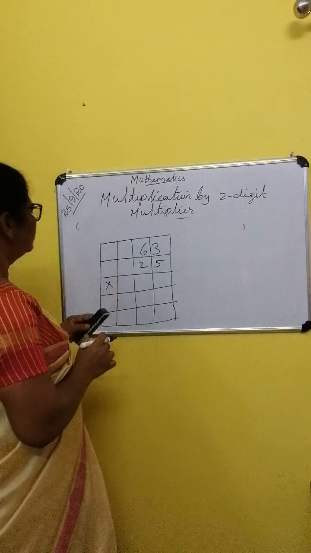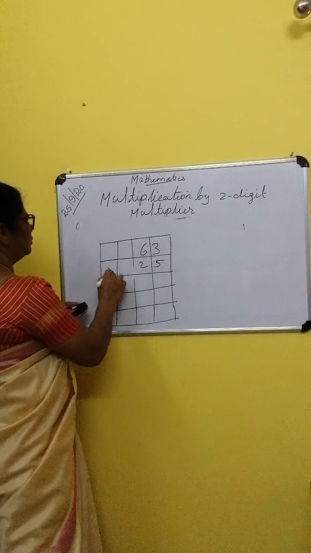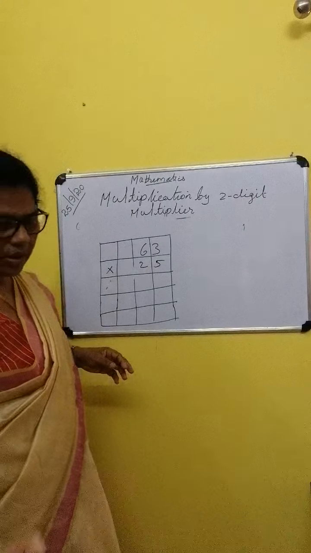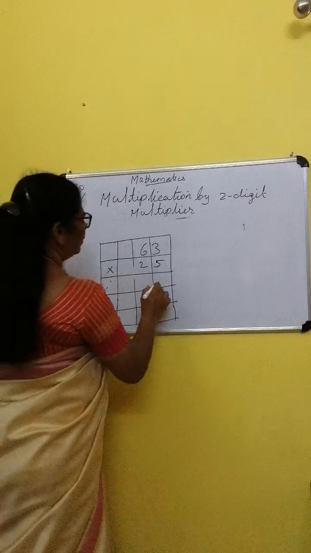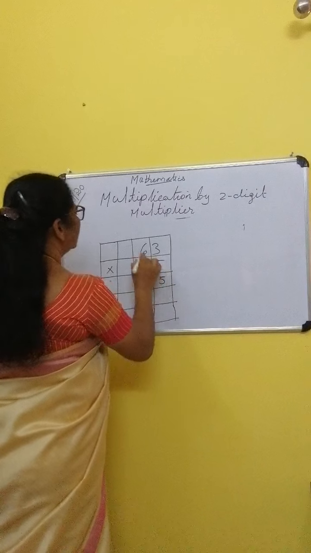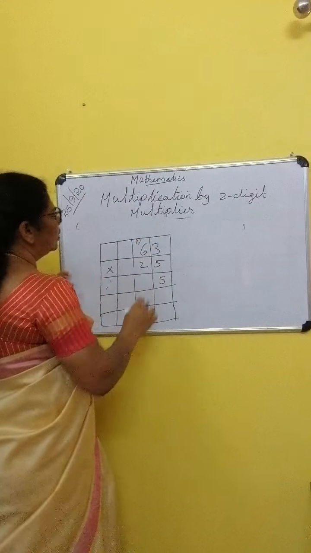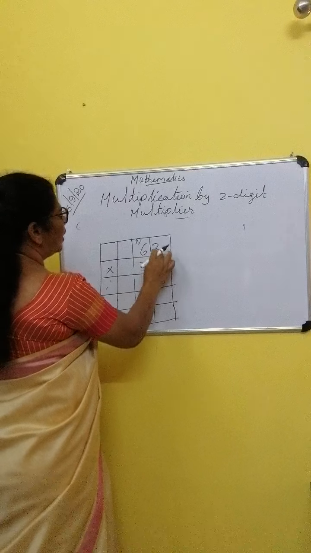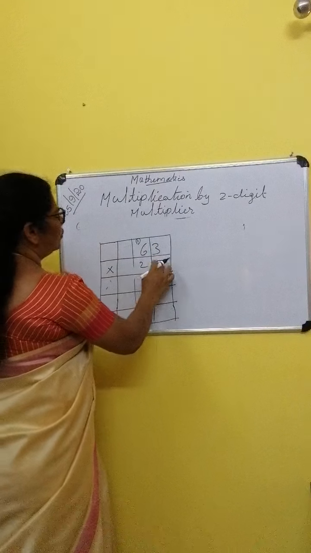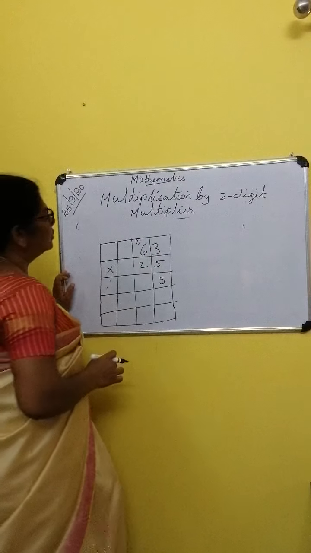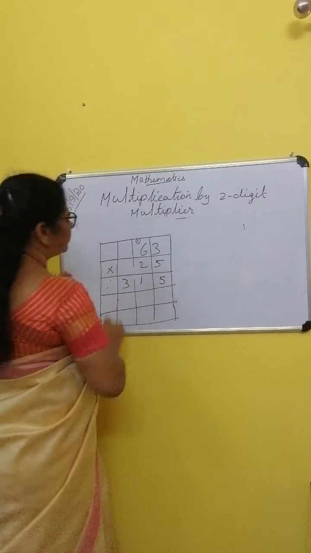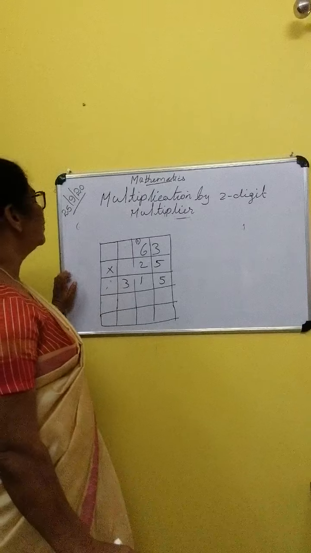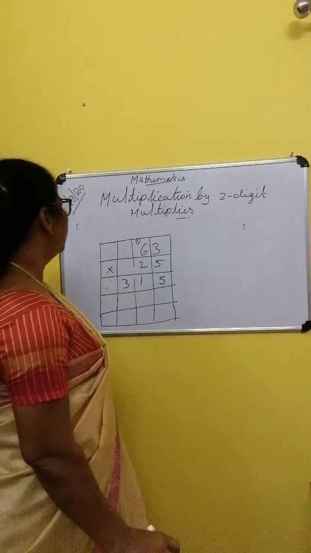Right into here, not here. Okay, here listen. 5 3s are 15. 5 is here, 1 remainder. 5 into 3, 5 into 6. 5 6s are 30 plus 1, 31. When we multiply by the first digit, the full answer should be written there.